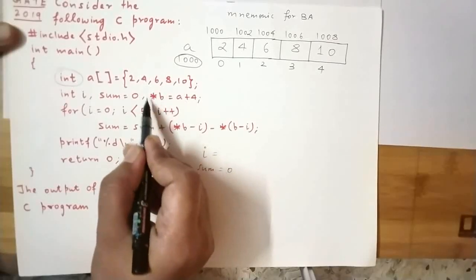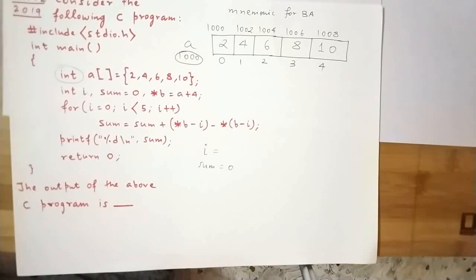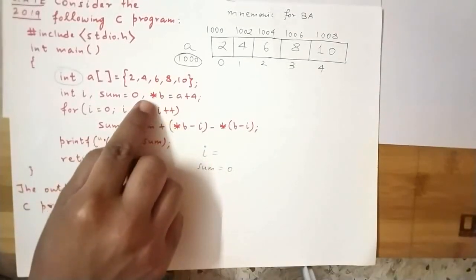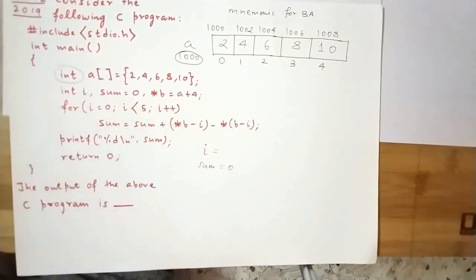This is the pointer to operator. Mind you, the asterisk behaves differently in different situations. If the asterisk is placed like this before a variable name, then it acts as a pointer to operator. If it is placed in between two variables, then it acts as a multiplication operator.